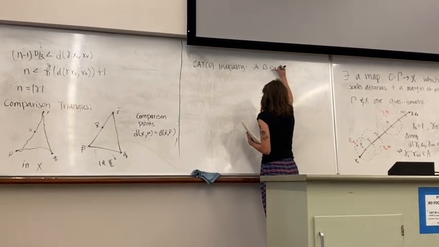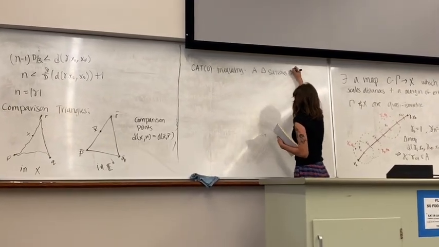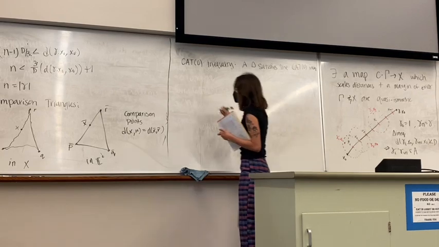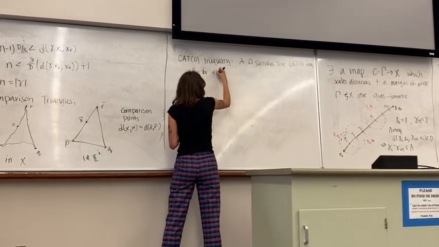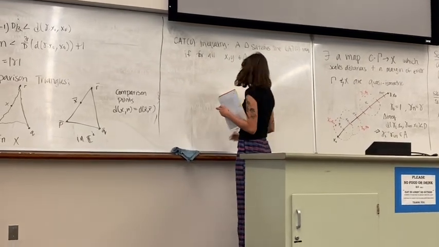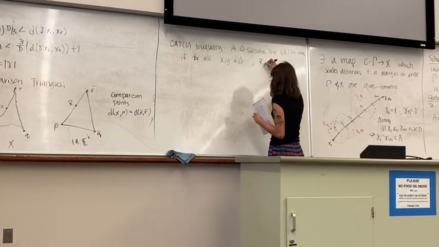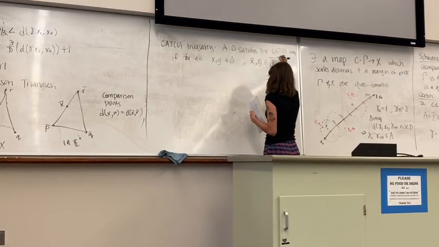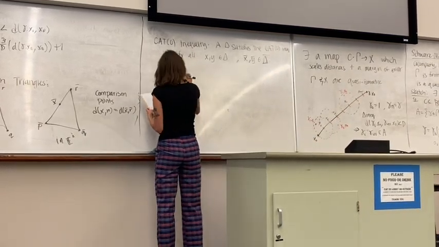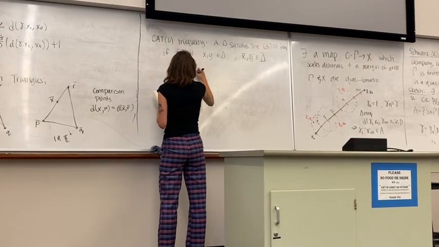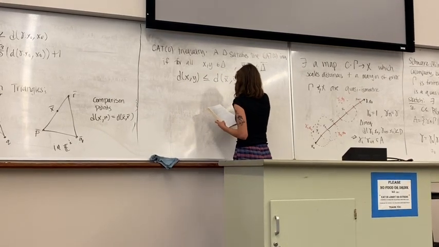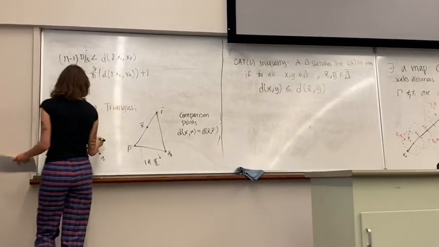A triangle satisfies the CAT(0) inequality if, for all x, y on our original triangle in X and corresponding comparison points X bar, Y bar on our comparison triangle, the following inequality holds: the distance from X to Y is less than or equal to the distance from X bar to Y bar. So in this picture, it would look maybe something like this.